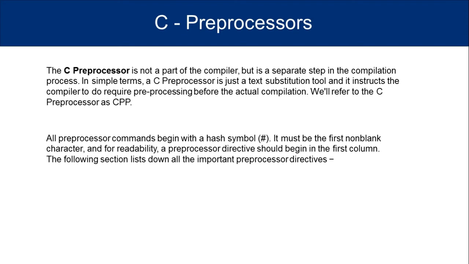We will refer to the C preprocessor as CPP. All preprocessor commands begin with the hash symbol. It must be the first non-blank character, and for readability a preprocessor directive should begin in the first column. The following section lists all the important preprocessor directives.